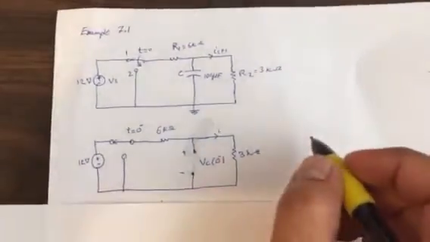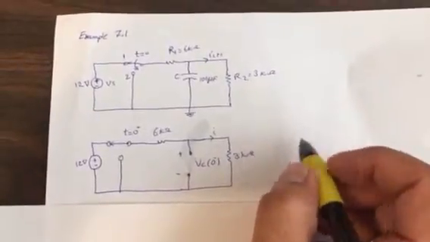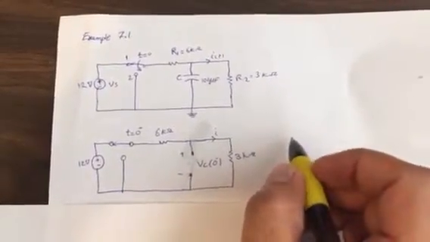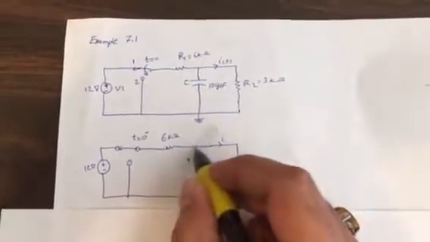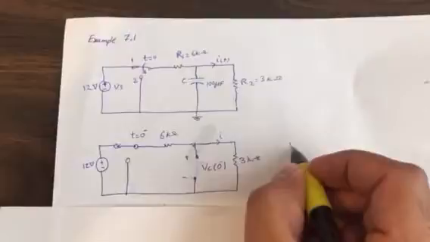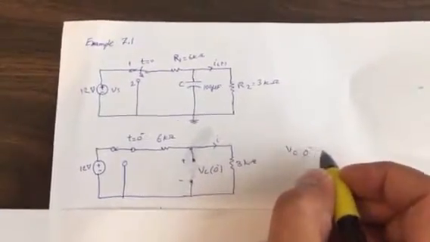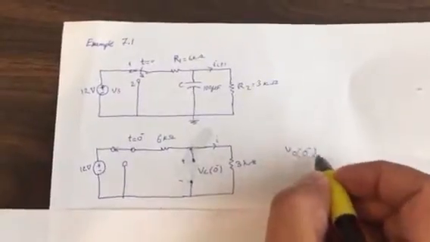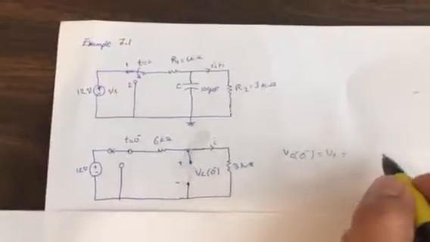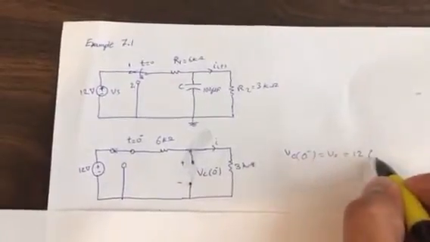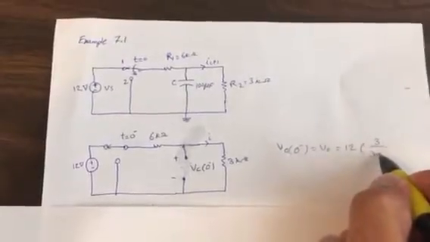In order to find the voltage, this is a voltage division actually between the 6 and the 3. So I have 12 volts, so the voltage over the capacitor at 0 minus, which means anything less than 0, I call it V0, is going to be 12 volts times 3 over 3 plus 6.